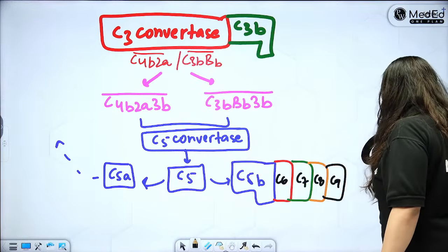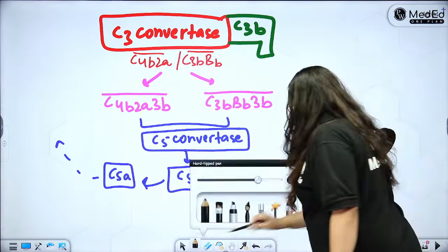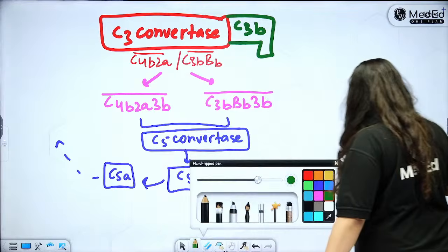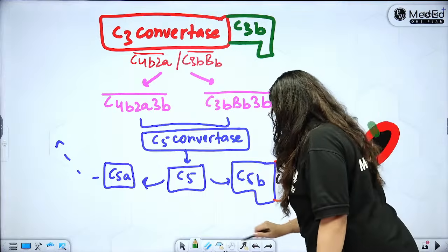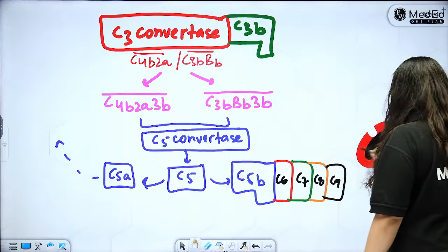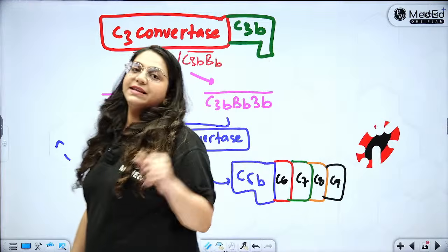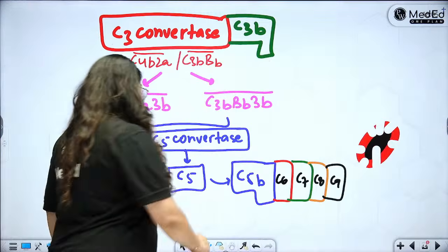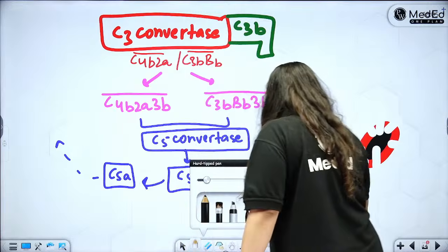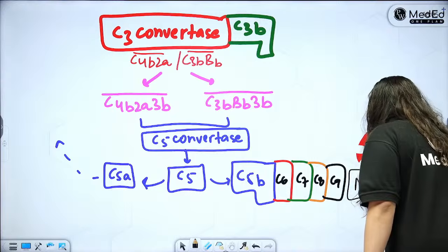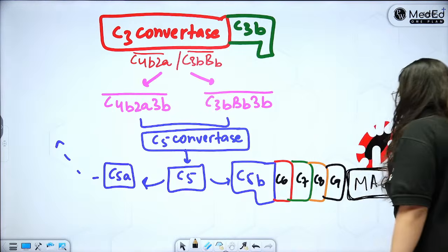So if this is my bacteria, this complex is going to create pores or holes inside this bacterium. What is this called? This is called MAC, or membrane attack complex formation.